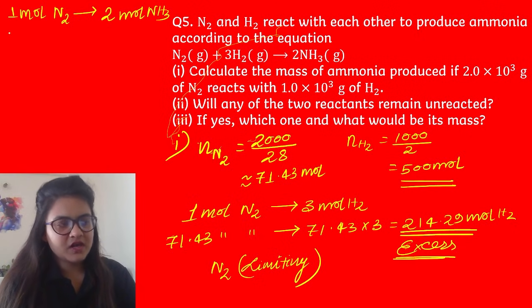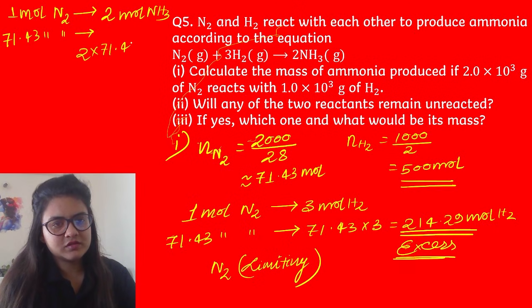I have 71.43 mole of nitrogen, hence I will get 2 into 71.43 mole of ammonia, that is 142.86 mole of ammonia.